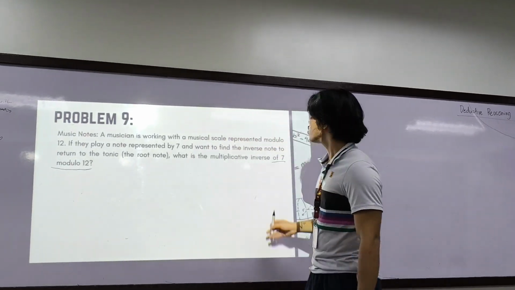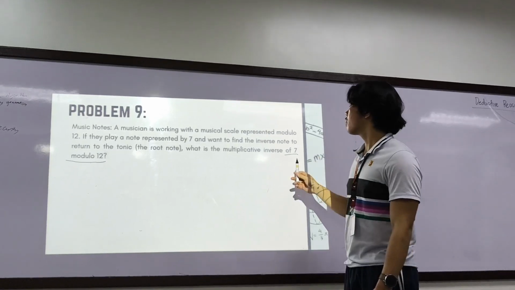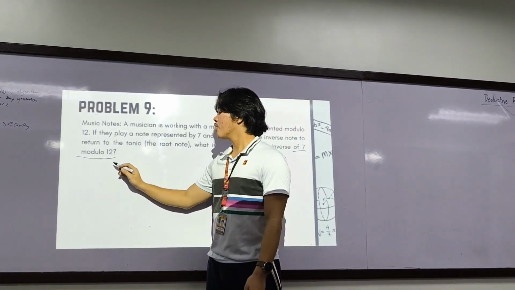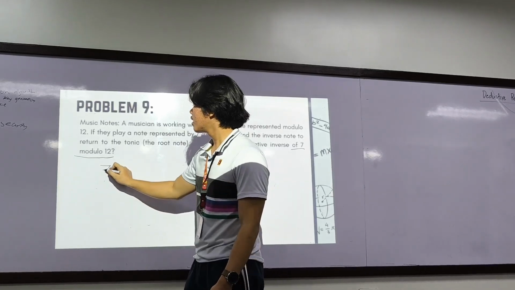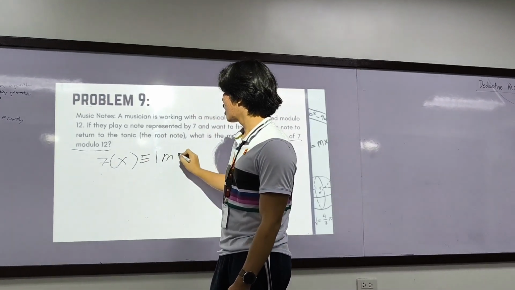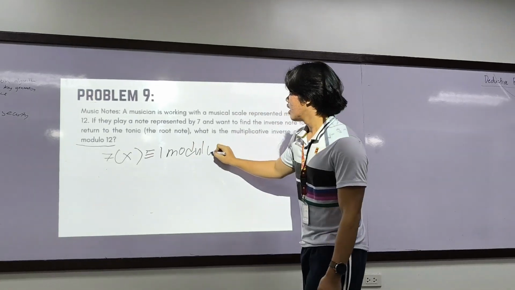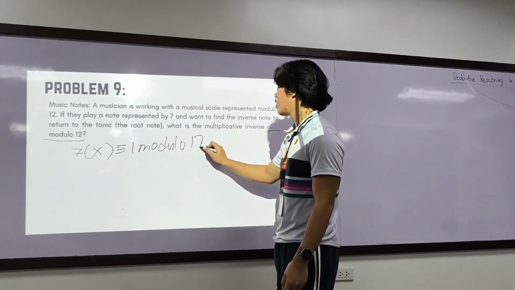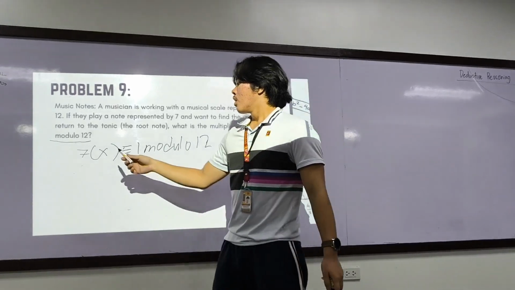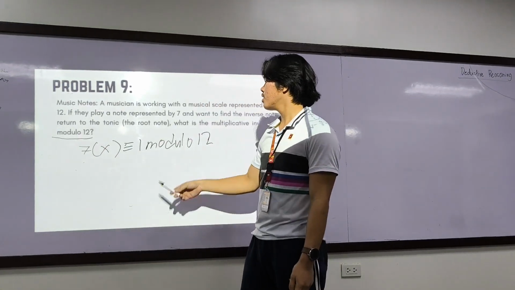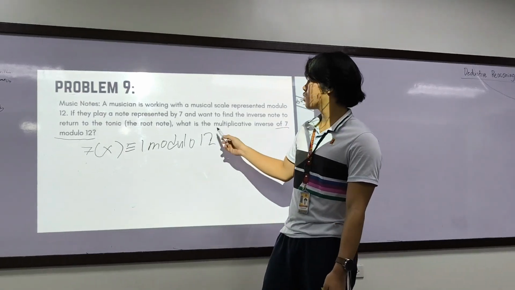So we are finding the value of x, so that when multiplied by 7, it is congruent to 1 modulo 12. As you can see, we will not start at 1 because 7 times 1 does not exceed the number 12.